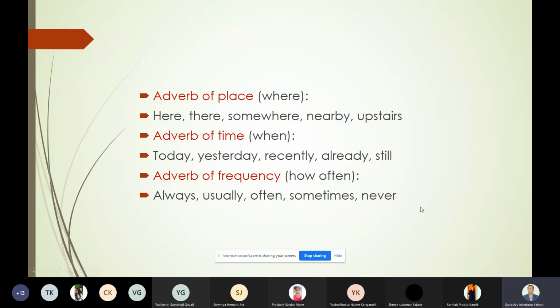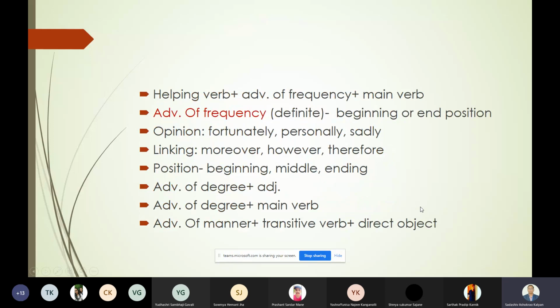So like this, whenever we want to use the adverb of place, adverb of time, adverb of frequency. Then when we study especially the structural part of our adverbs, we found that we use the helping verb plus adverb of frequency plus main verb.